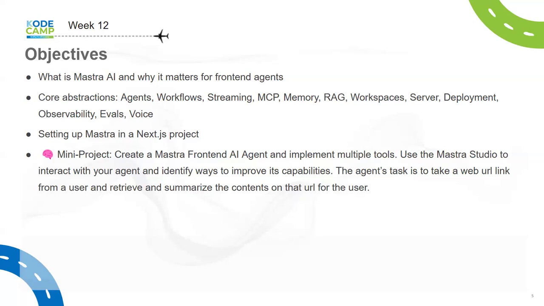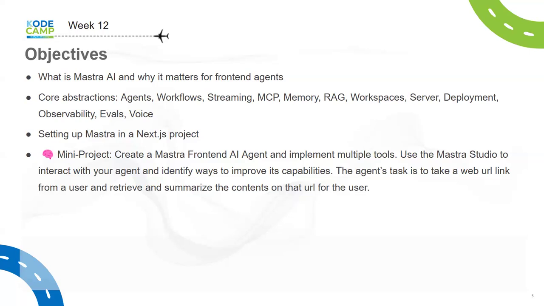It's still kind of similar things, right? We would still talk about agents, workflows. Mastra has what we call workflows, which more or less are similar to LangChain's chains, right? Then streaming, then we'll talk about MCP as well.